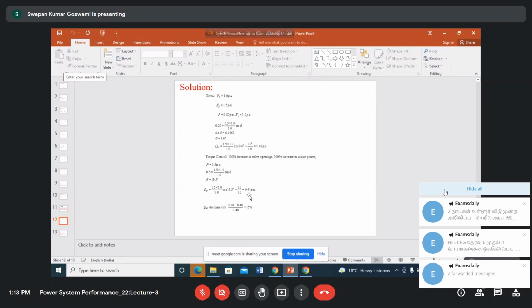It becomes 0.41 per unit from 0.48 per unit. How much is the reduction in reactive power? Q decreases by 15%. You see that 100% increase in active power results in 15% reduction in reactive power.